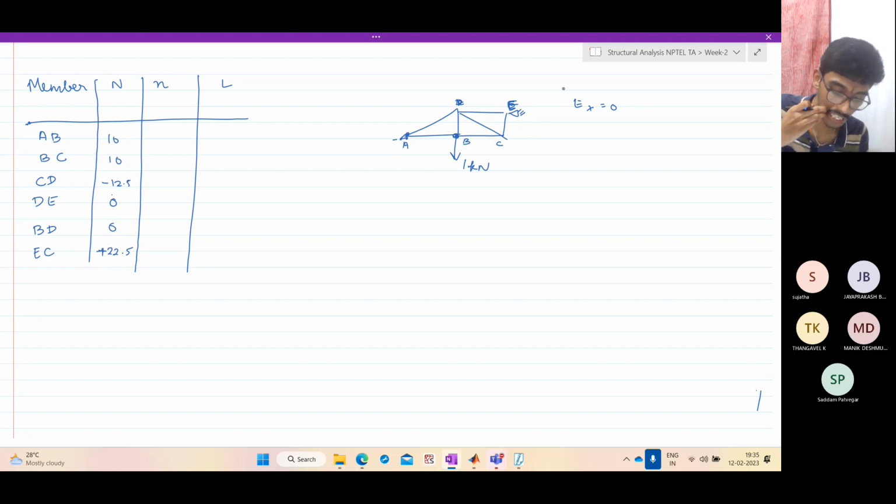And Ey, how to determine Ey? Let us take moment about this. You get Ey as half kilonewtons upwards, which means the force in EC, right? What is the force in EC? If you take joint E, upwards half, so downwards you will have half. So force in EC is tensile half.